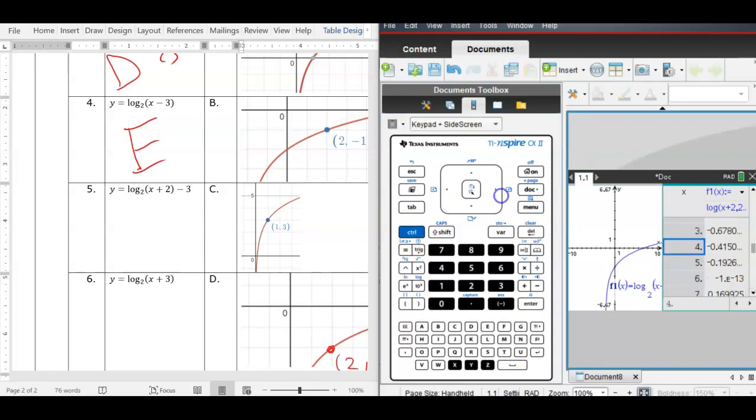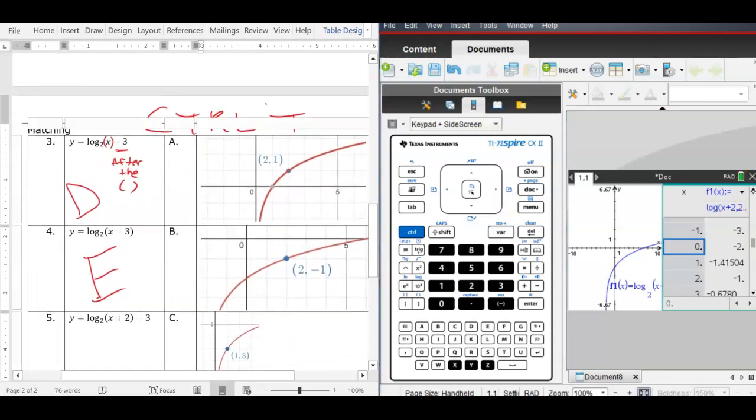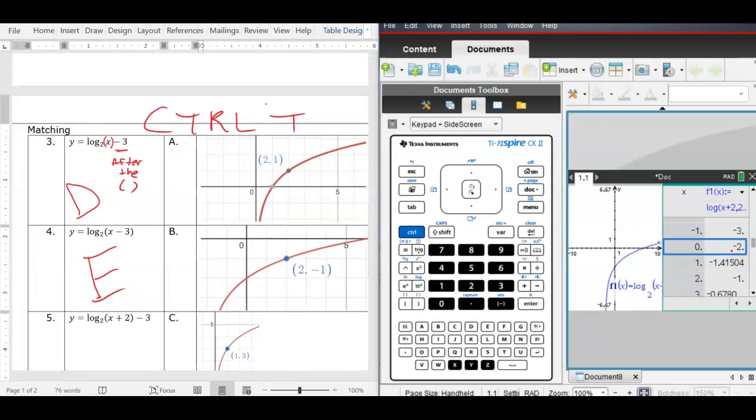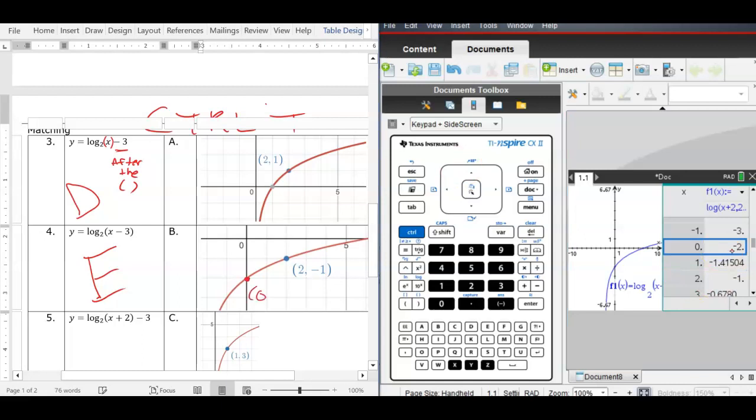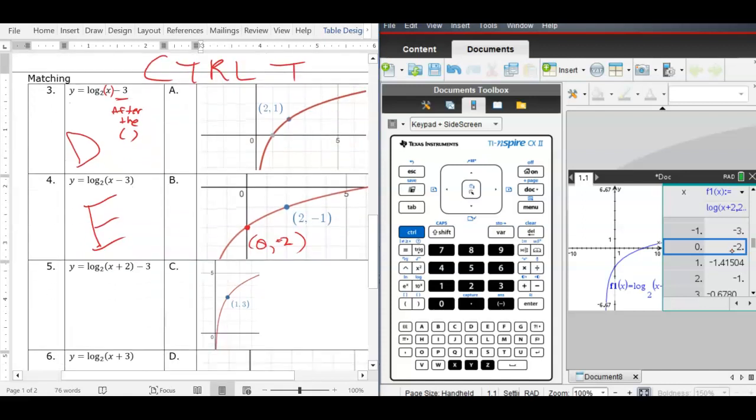I got 2, -1, 0, -2. Hey, look at that right there. So it looks like it's going to be B.